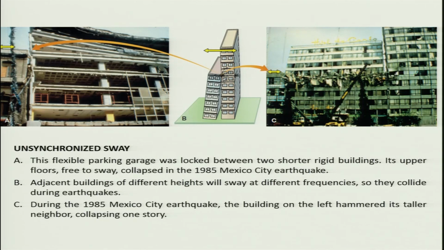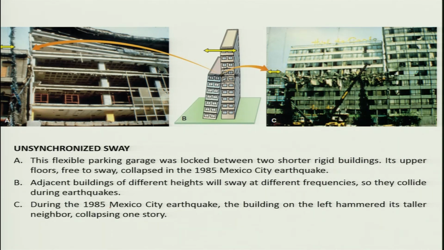Similarly, this was from the 1985 Mexico City earthquake, where of the two buildings, the shorter one was rigid and the taller one was more flexible, and they collapsed, because they sway at different frequencies and collide during an earthquake.